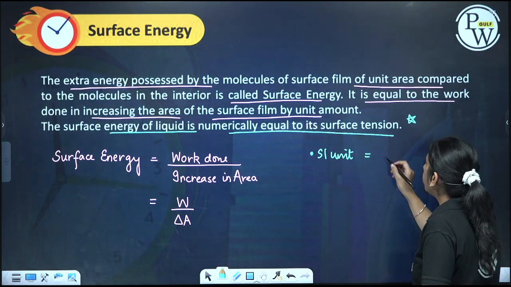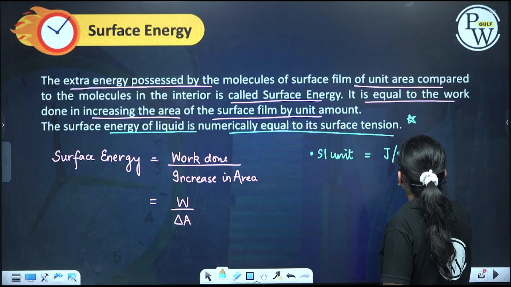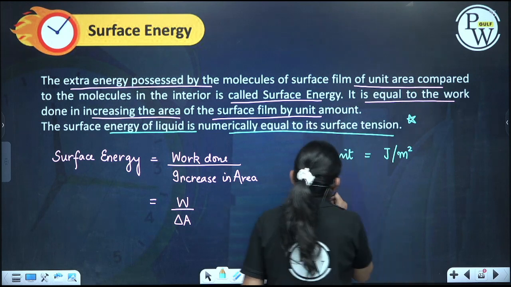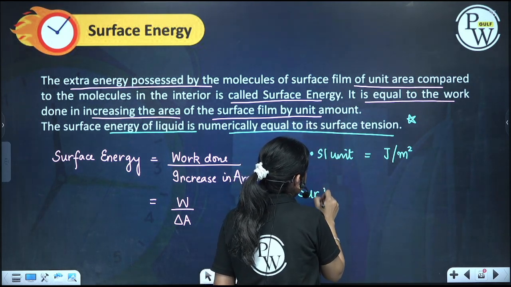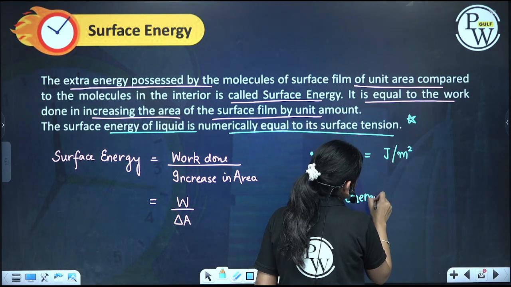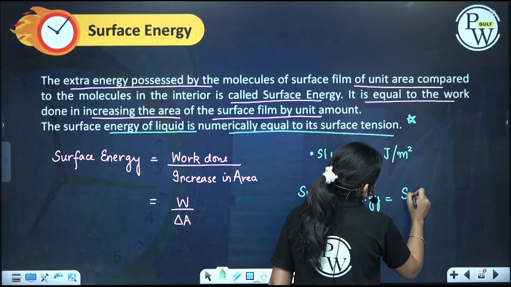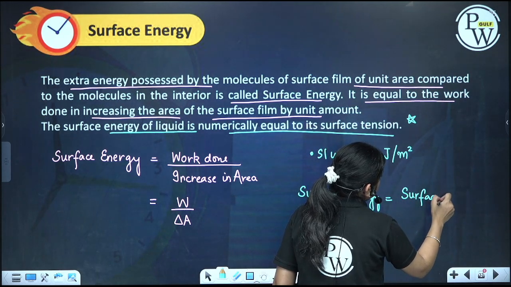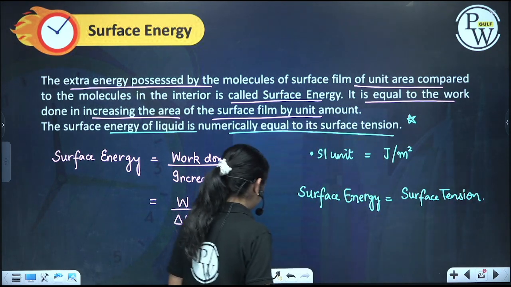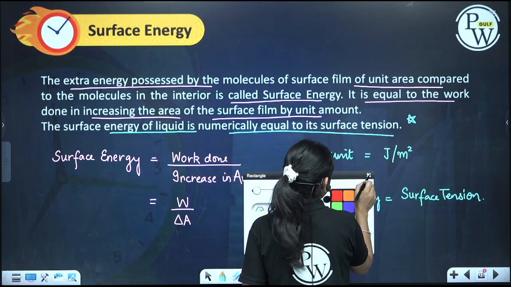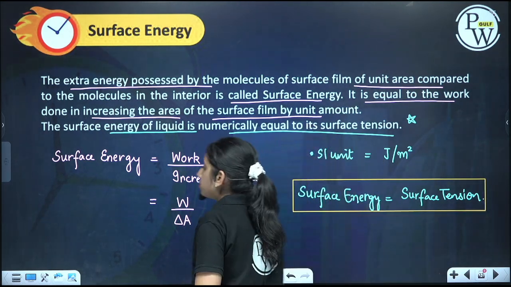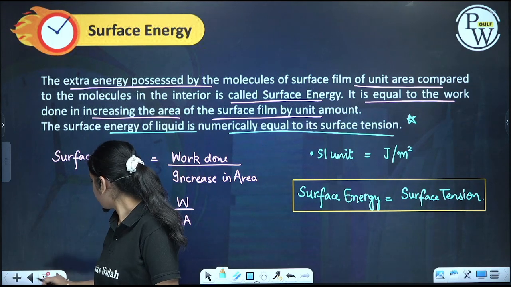Its unit will be joule per meter square, and surface energy will be numerically equal to its surface tension. You should remember this. This is very important, that surface energy is numerically equal to the surface tension of the liquid.